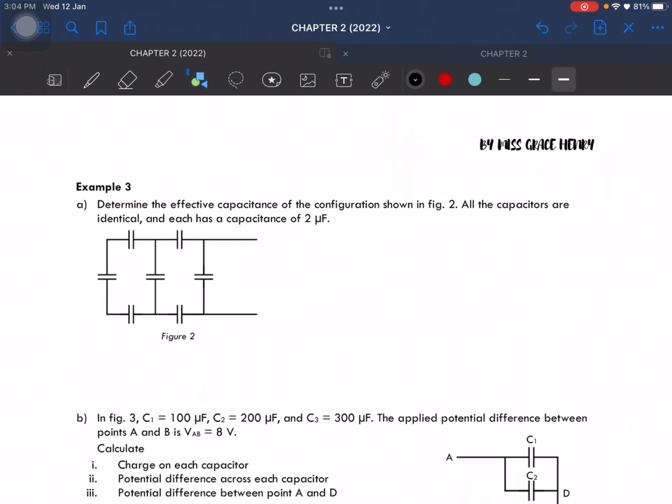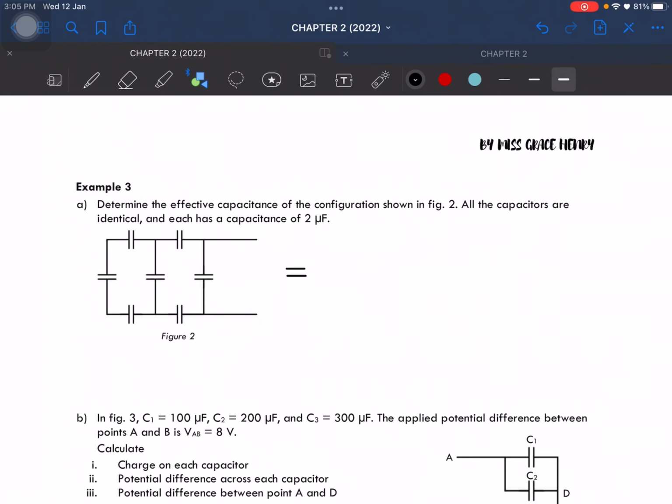I'm going to draw. We are first going to simplify this tree. Again, this is a series circuit because this capacitor is directly connected to this one. Also, this one is the same. So let's draw that.